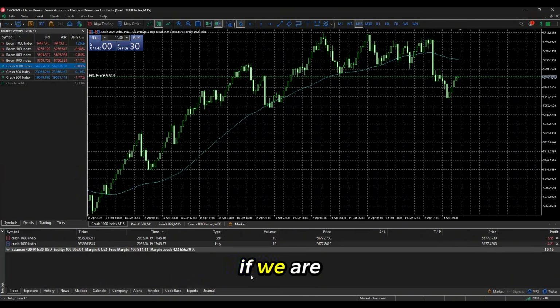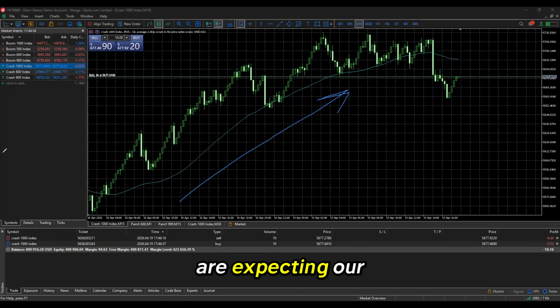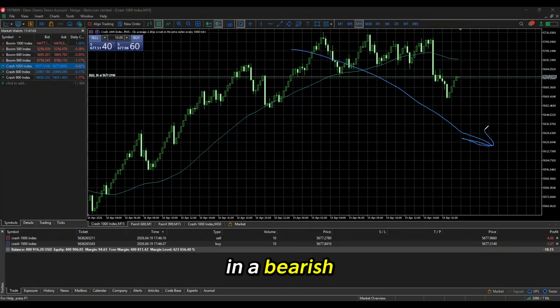So if we are expecting our market to go up, we are saying that we are in a bullish market. And if we are expecting our market to go down, we say that we are in a bearish market. Bullish means we are buying and bearish means we are selling, right?